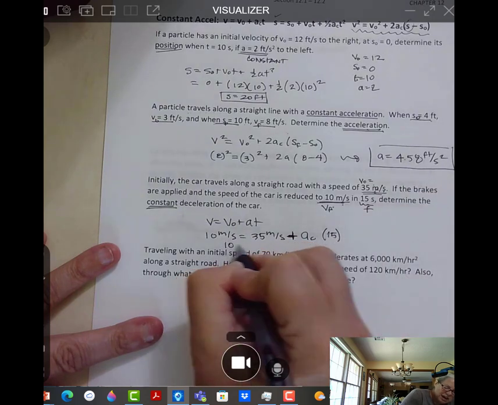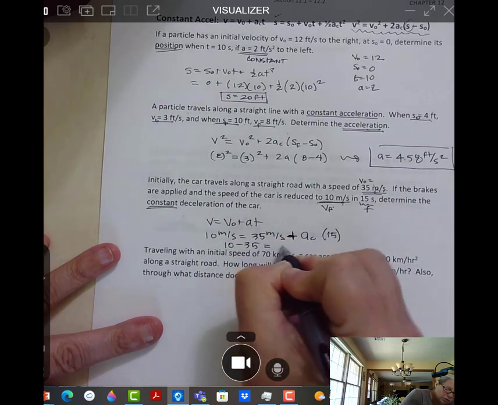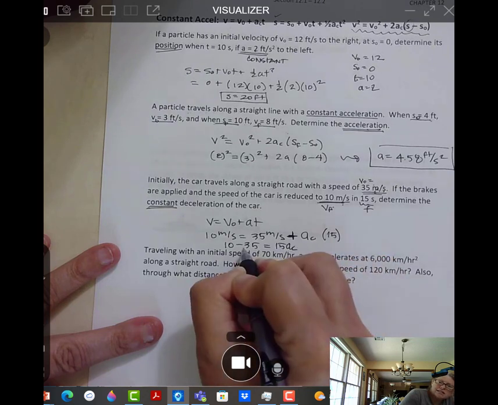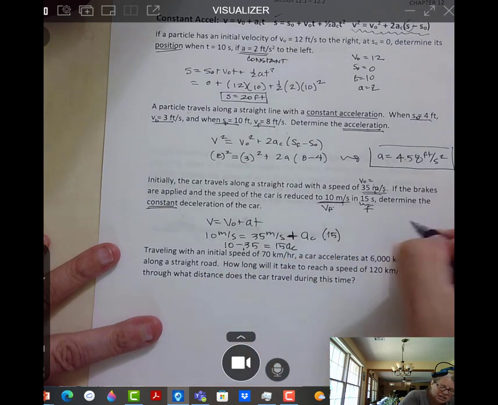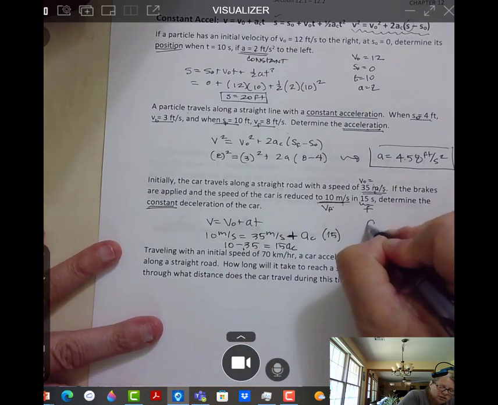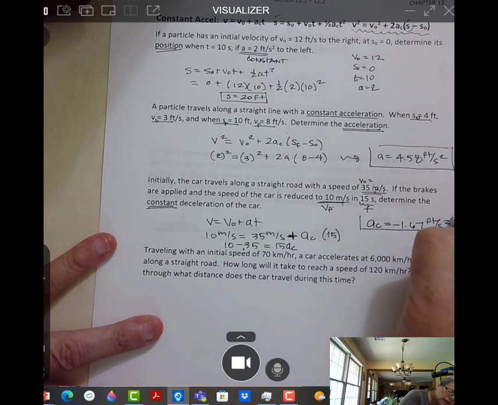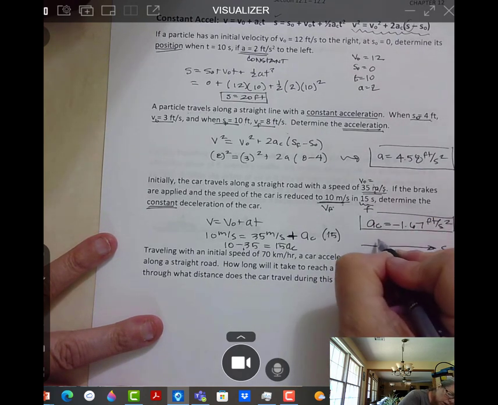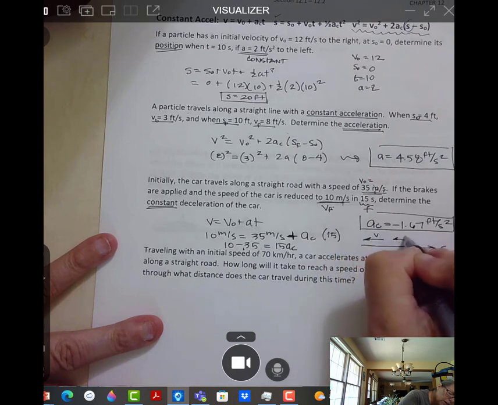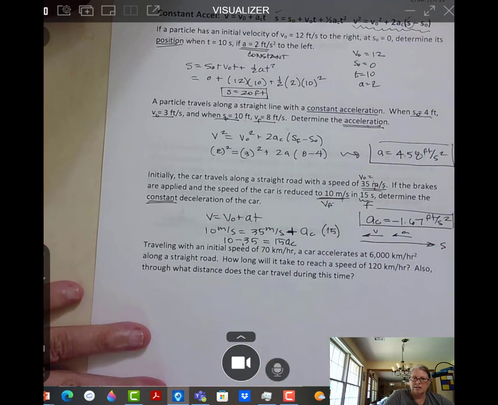So I'm going to do 10 minus 35 equals 15 a. That's how we get the negative showing that it actually is deceleration. So our acceleration is negative 1.67 meters per second squared. Our car is going forwards, that's our positional change, but our velocity and our acceleration are acting opposite to that.